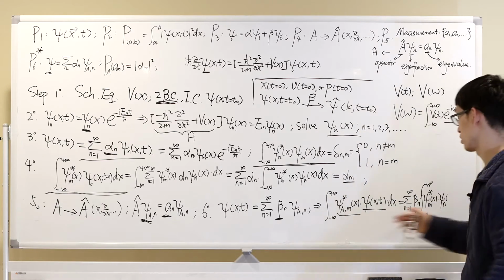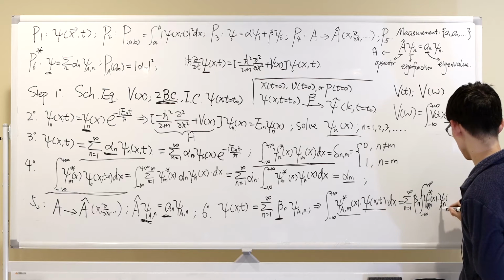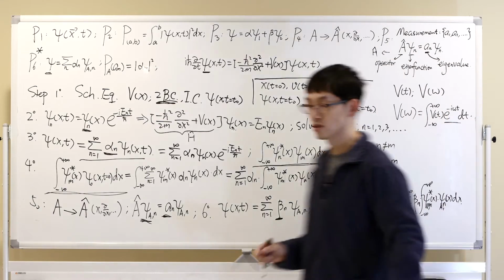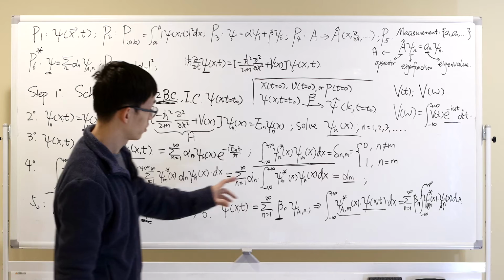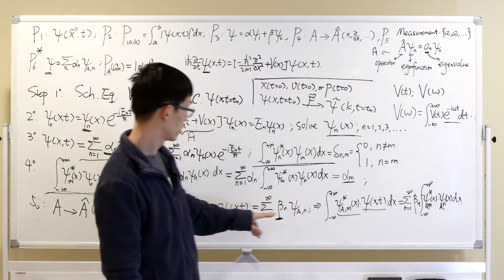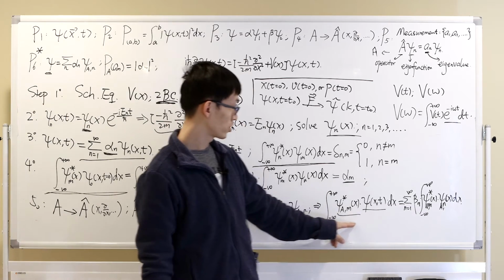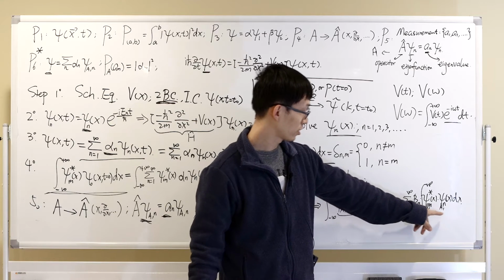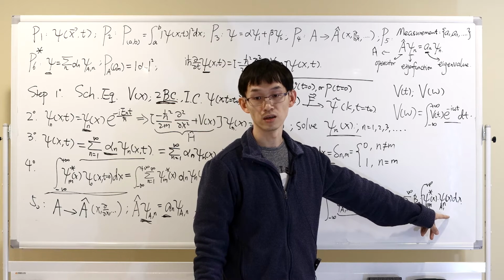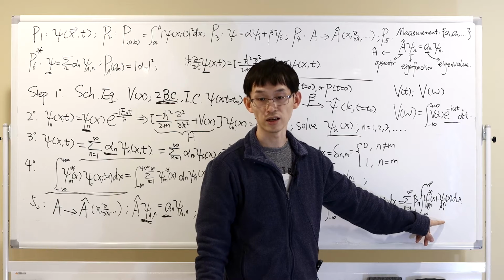Oh, there's no t. So psi A m psi A n x dx. So it's the same as step 4, but this time you multiply on the left-hand side by the eigenstate of your operator A, and then you do this integration. And on the right-hand side, you can see that this will again be the orthonormal condition. This is an inner product between two different eigenstates.